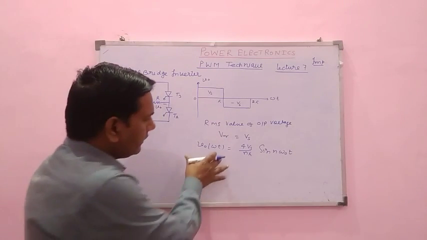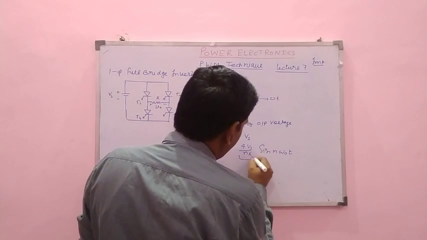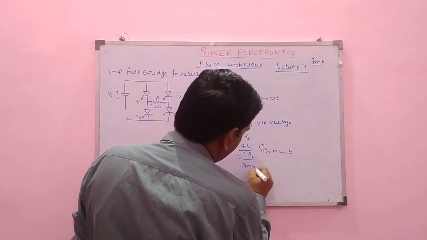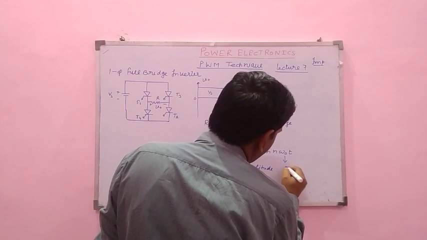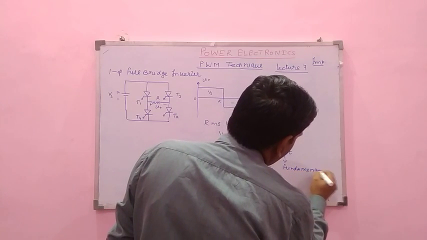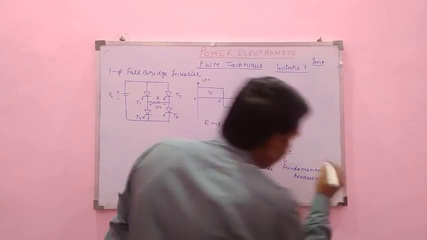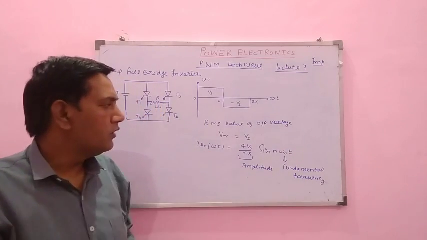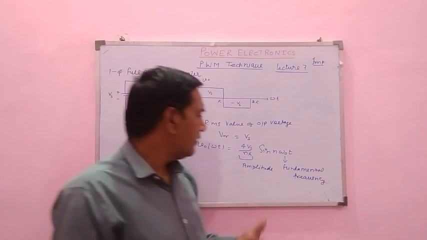Here, 4 Vs upon n pi is called the amplitude, and omega naught is called the fundamental frequency. Actually we have to control this output voltage, and the output voltage can be controlled in two manners.